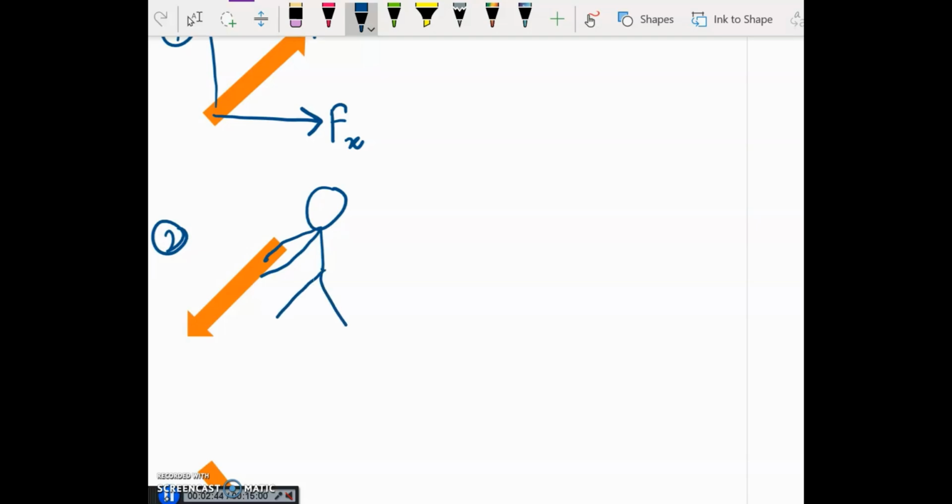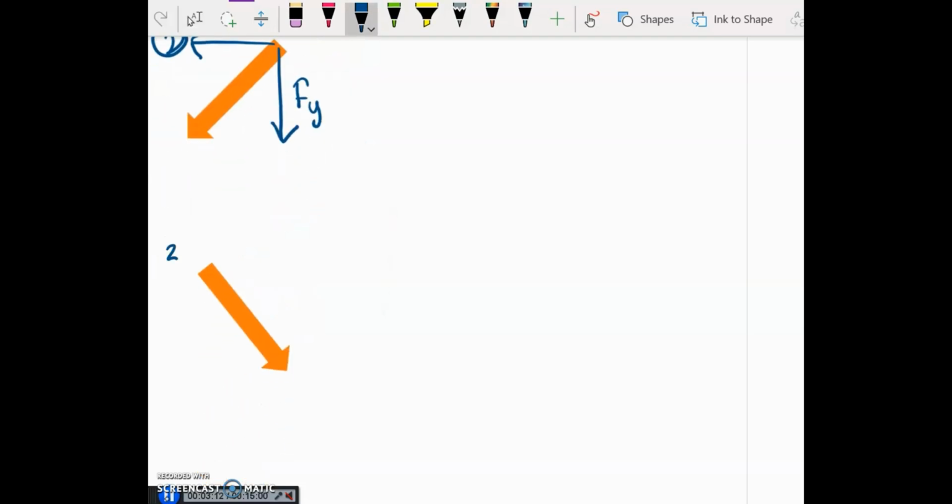The direction of force here can be split into two: downward, Fy, the vertical component, and to the left, which is the horizontal component. Next, number 3, we can split into the horizontal component, which is to the right, and the vertical component, which is Fy.